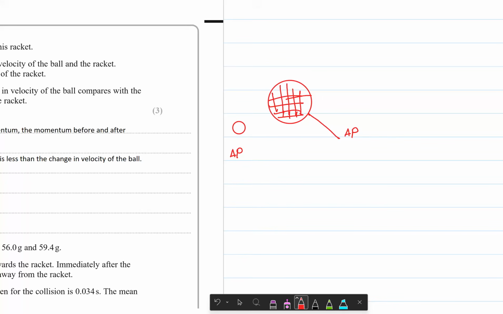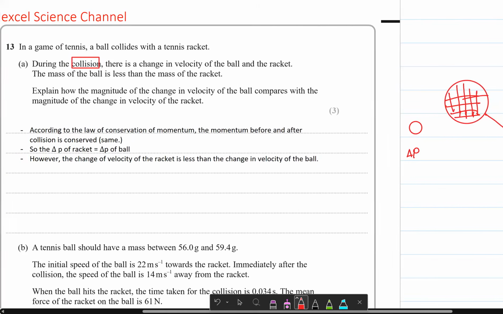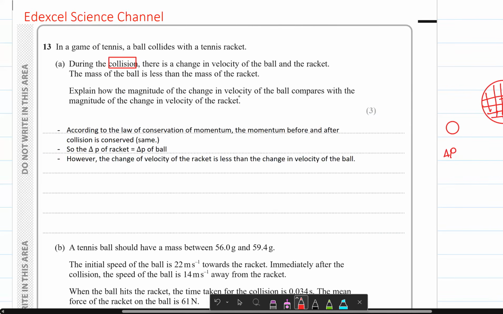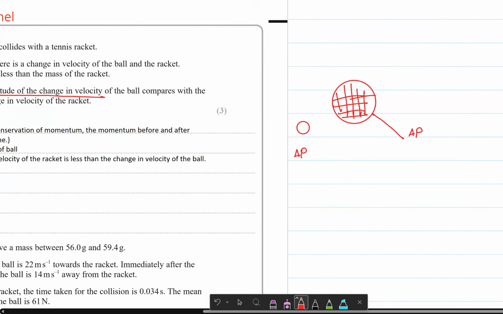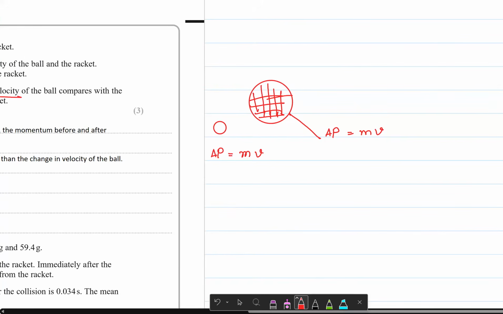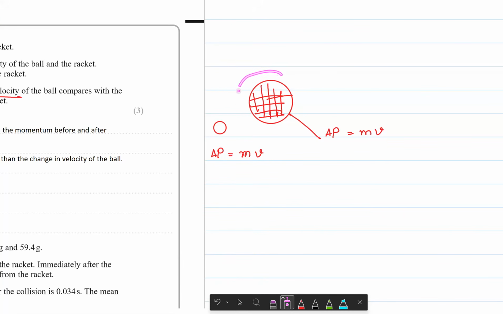However, the question is asking what will happen to the magnitude of the change in velocity of the ball compared with the racket. We know that momentum equals mass times velocity. Now, the change in velocity for the racket will be far less than the change in velocity of the ball.